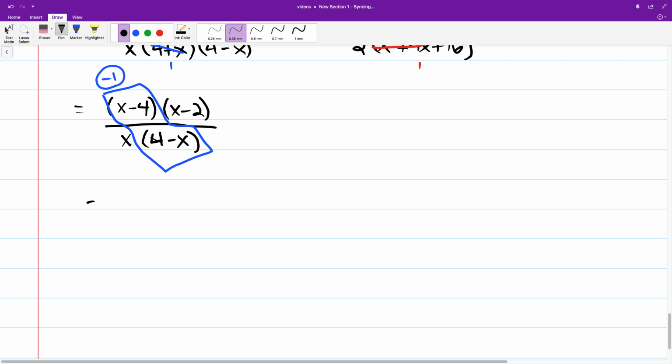So we can say that we have the negative of the quantity of x minus 2 over x. And for the final answer, you can either express it as negative x plus 2 over x, or 2 minus x all over x.